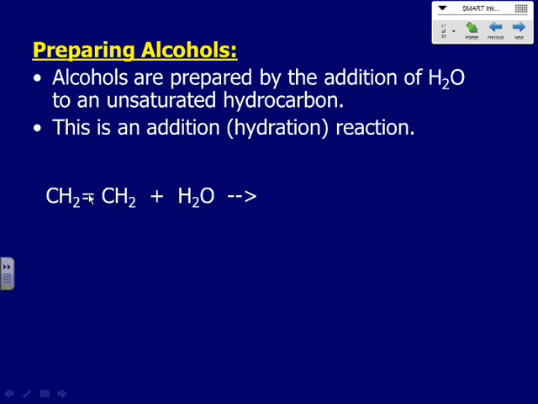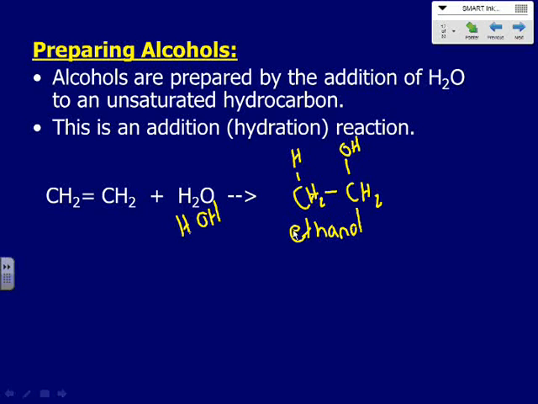And so we've seen already before that we can have this acting as an HOH, right, a hydrogen hydroxide. That bond can break, and therefore one of them can get an H, and there is the H2, and then the other CH2 can get the OH on it, and then this becomes ethanol.